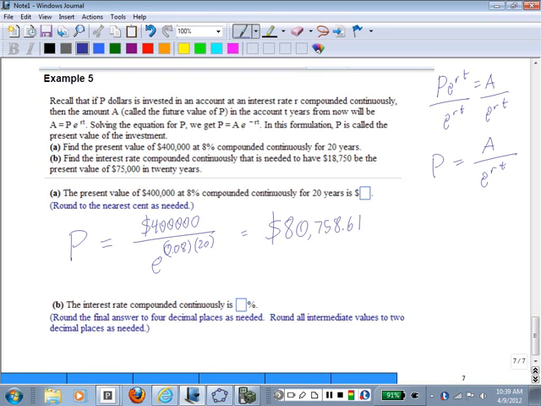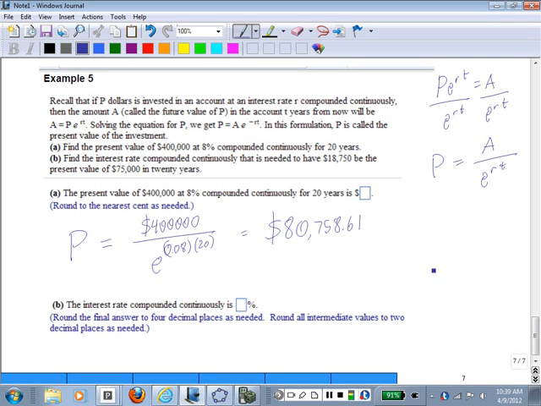Basically, we're wanting to quadruple it. If you take $18,750 and quadruple it, you get $75,000. So we're wondering, how long will it take? No. If we want to quadruple it in 20 years, what would the annual interest rate be to make that happen?